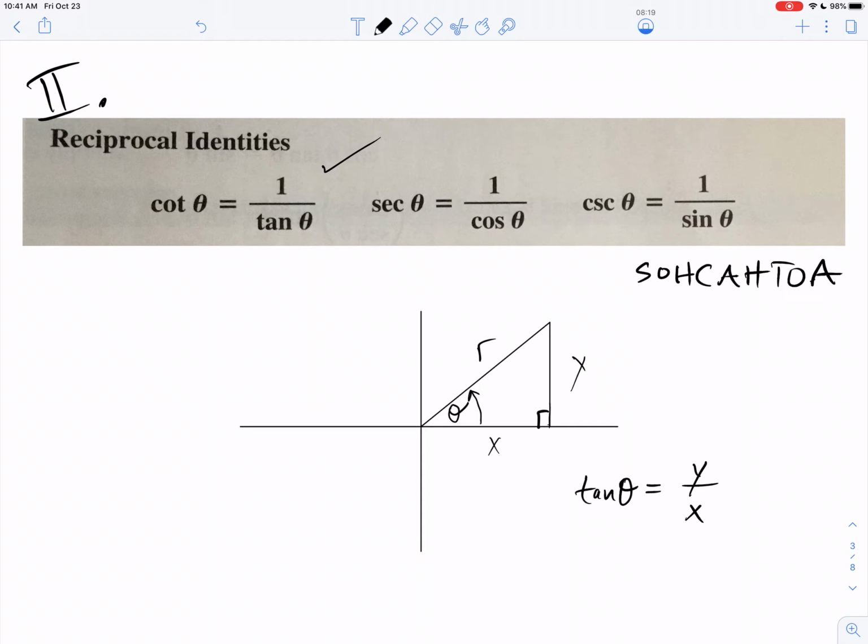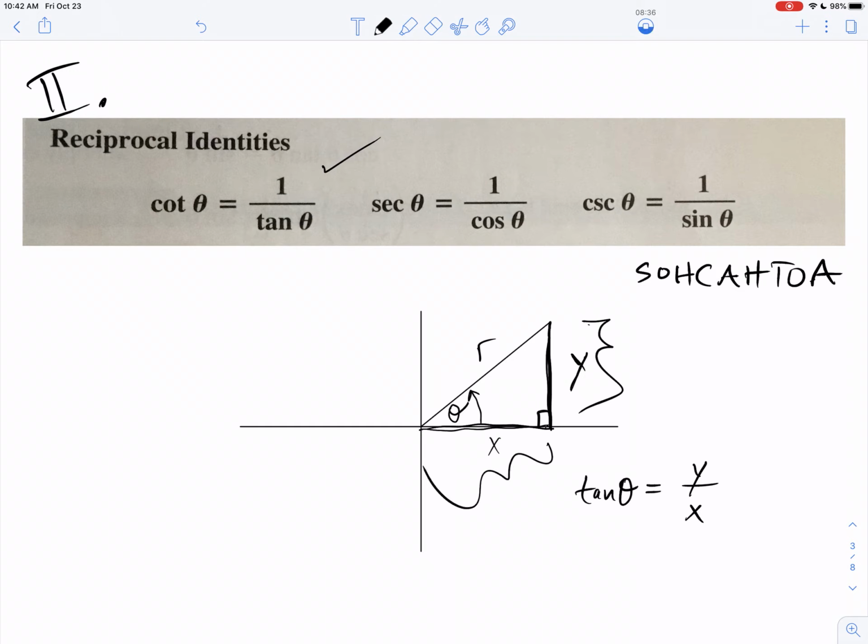Why did I use these letters? See this piece of my triangle here? I'm darkening it in right now. That's positive y information. And this part right here is positive x information.